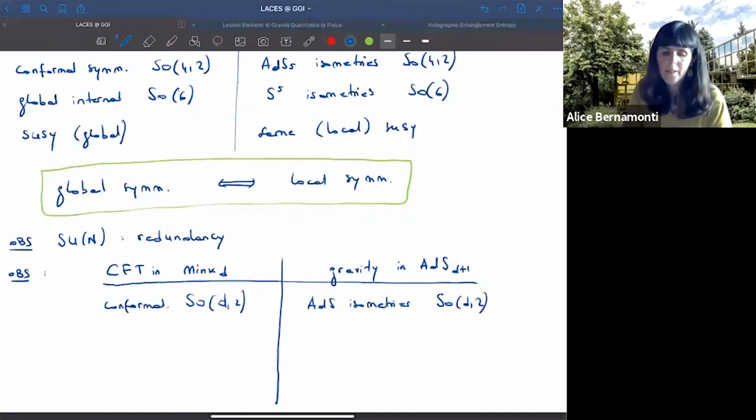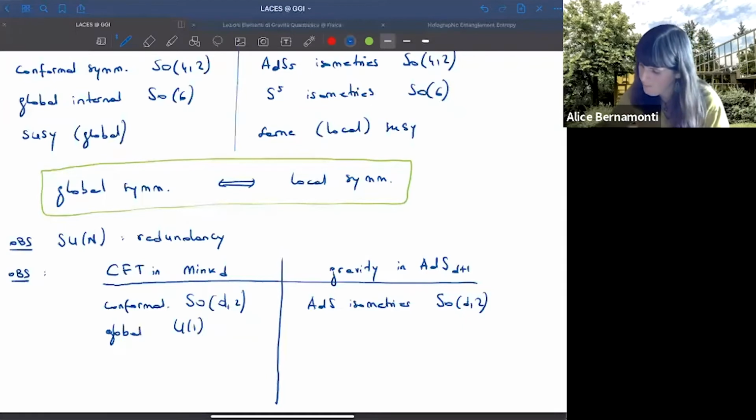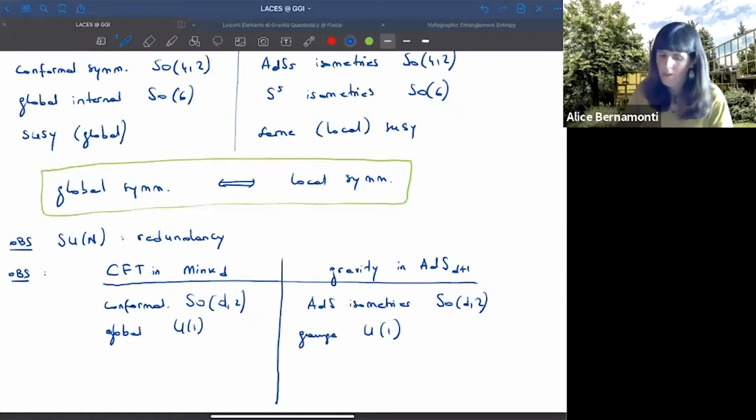Then if we have some global internal symmetry, for instance a global U(1), this will map to a gauge symmetry in the bulk, so U(1).